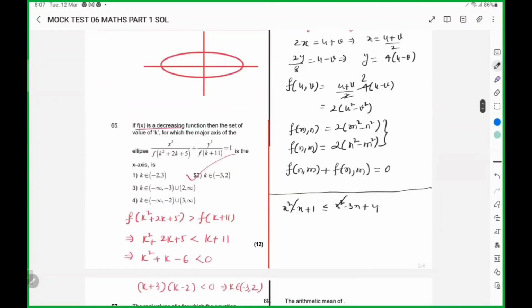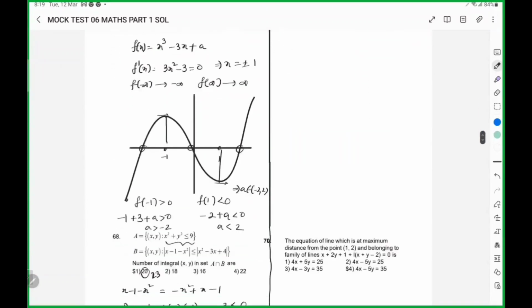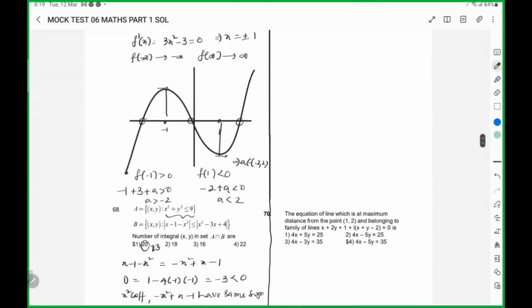Get cancel out. So 2x is less than 3, x is less than 1.4. 12, 17, 18 points are there.